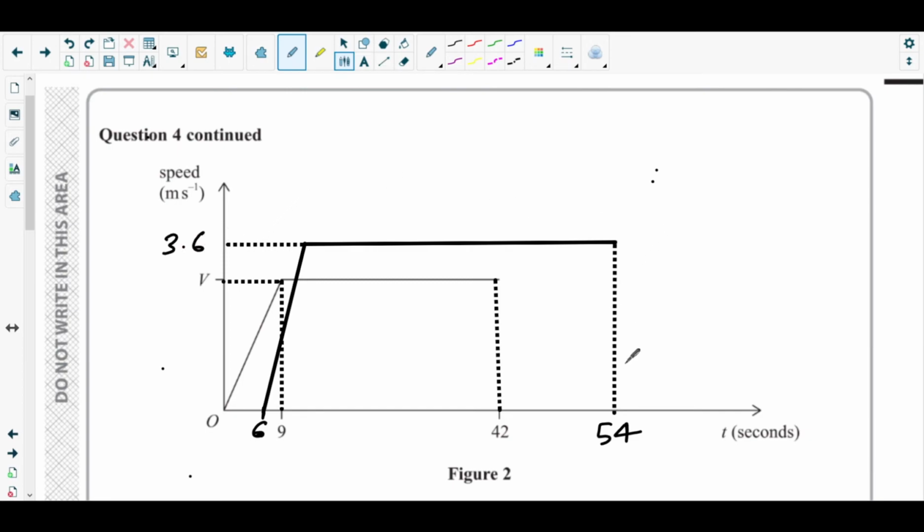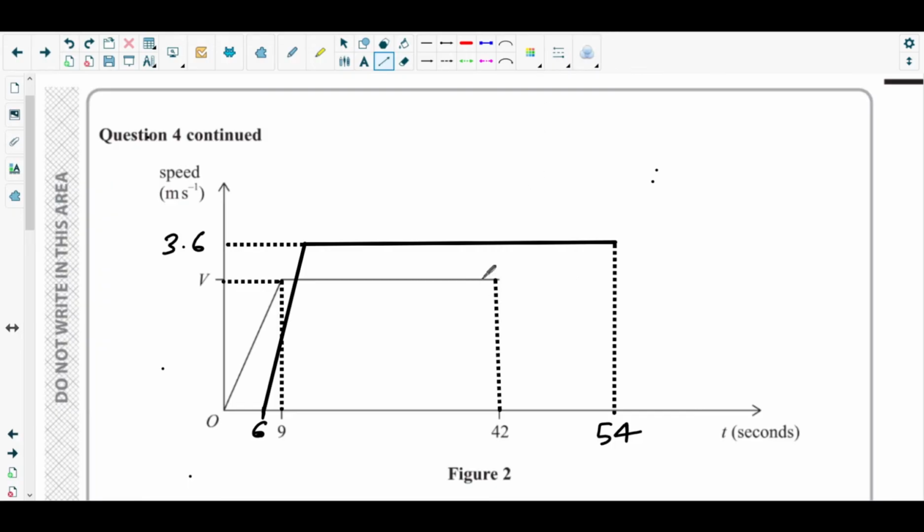Okay, and we need to extend the speed time graph of cyclist P, because they also wanted that one.